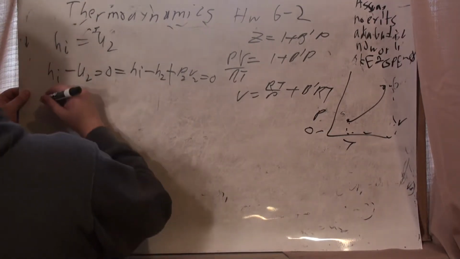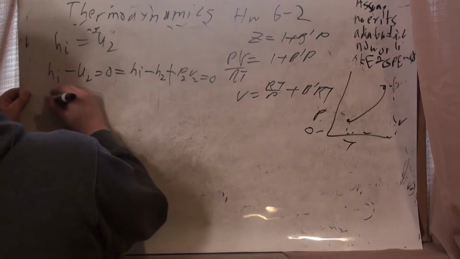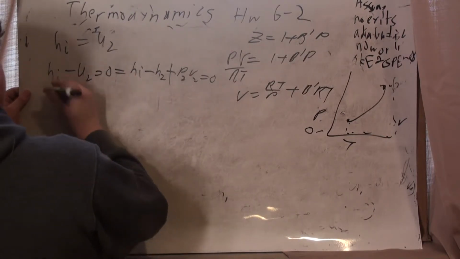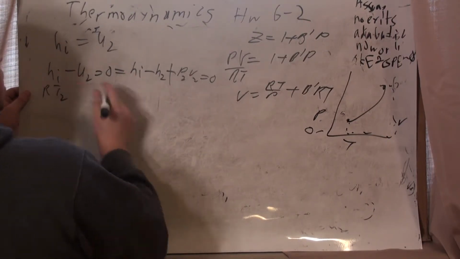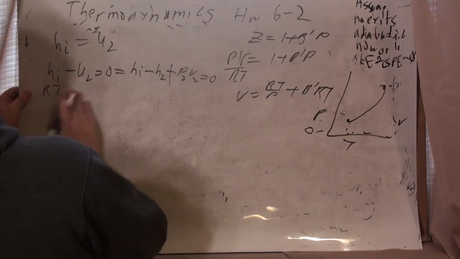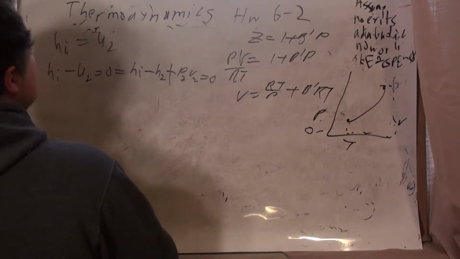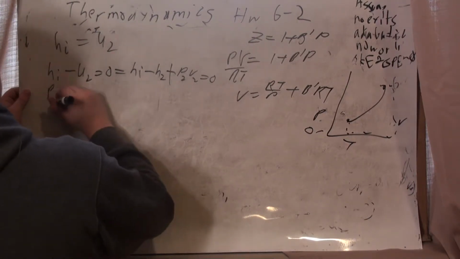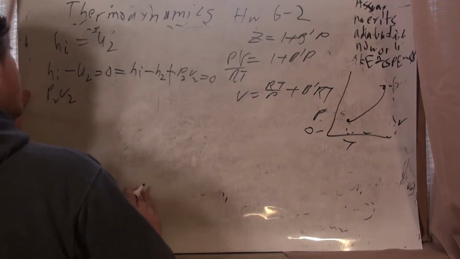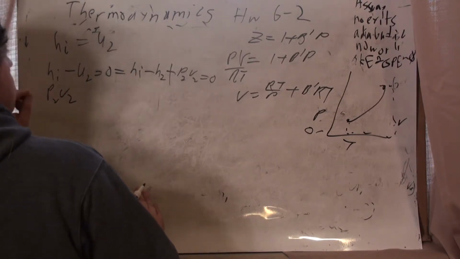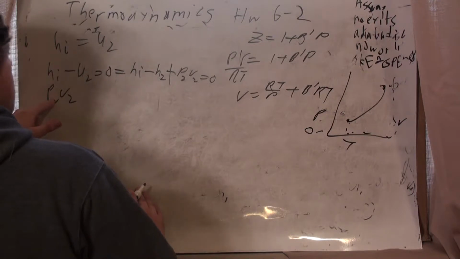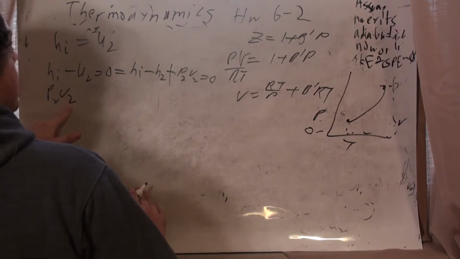Now, if we rearrange it again, we have RT_2, because it's an ideal gas. Oh wait, it's not an ideal gas. Yikes. So I have P_2V_2. I know my final pressure, so I can get my final thing.